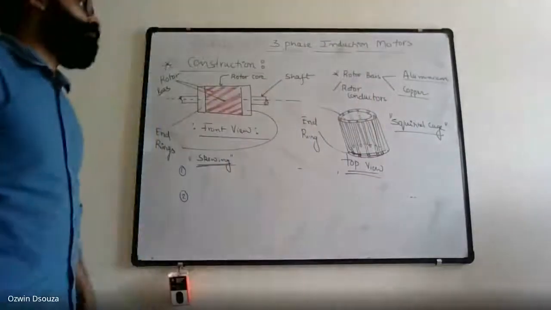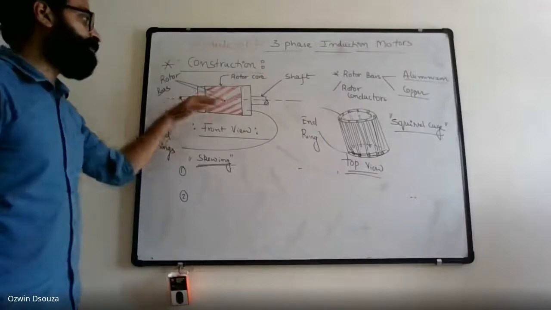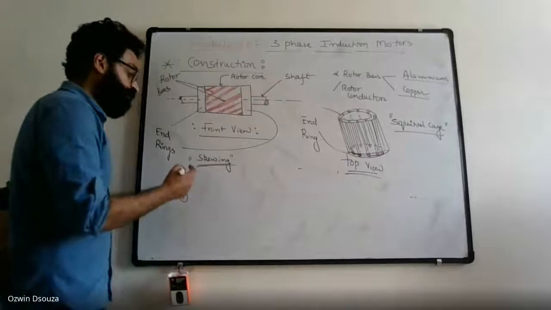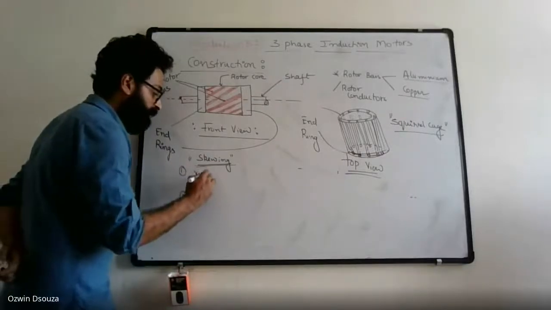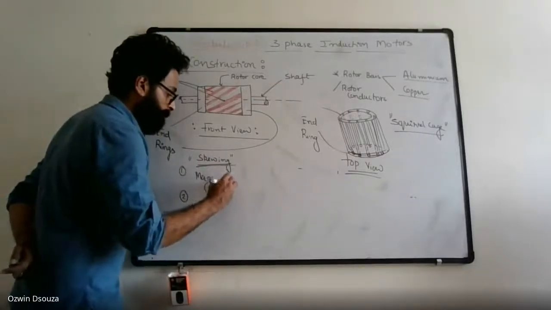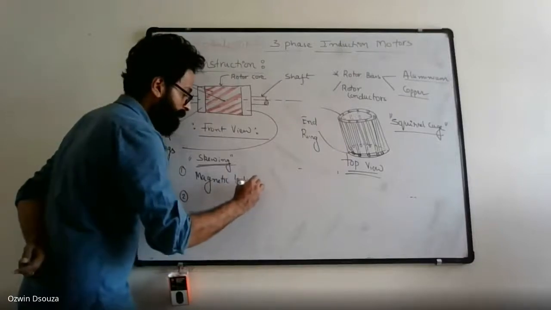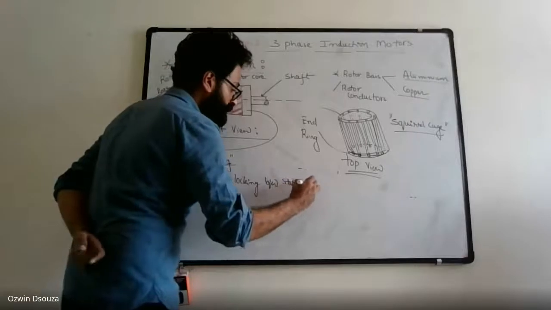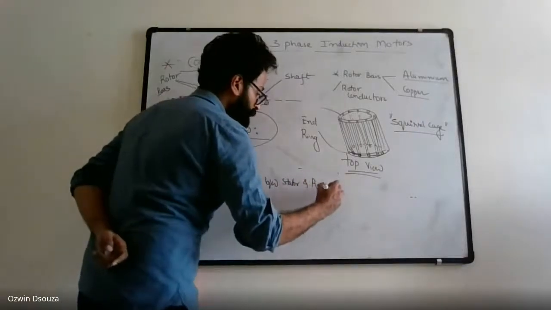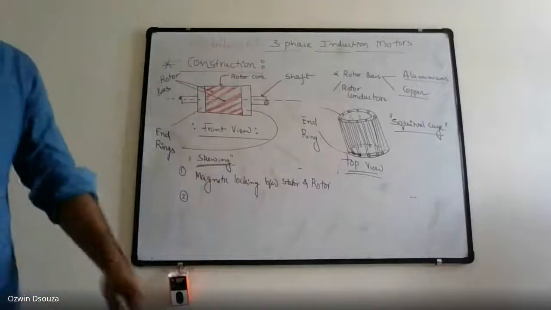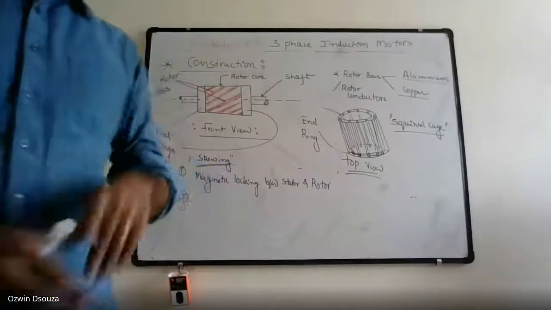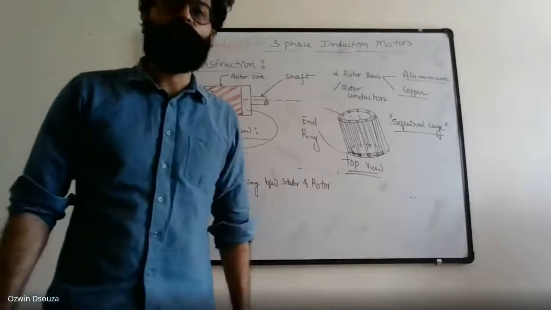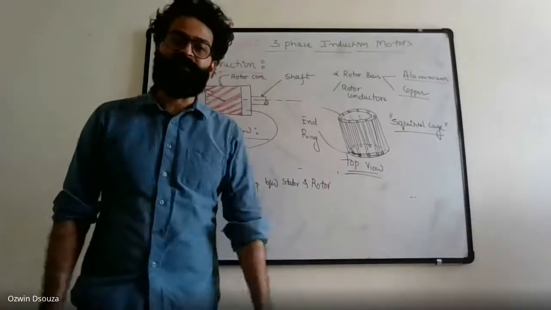Now by keeping the rotor bars non-parallel to the shaft axis, first of all, you can avoid magnetic locking between stator and rotor. Magnetic locking is a phenomenon in which the rotor latches onto the synchronous speed of the stator winding.